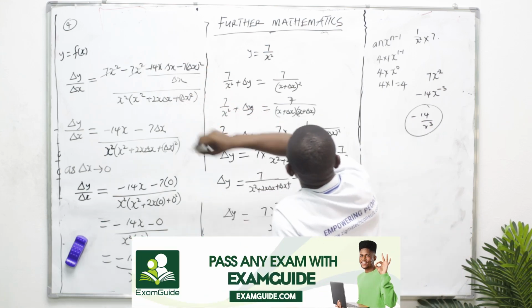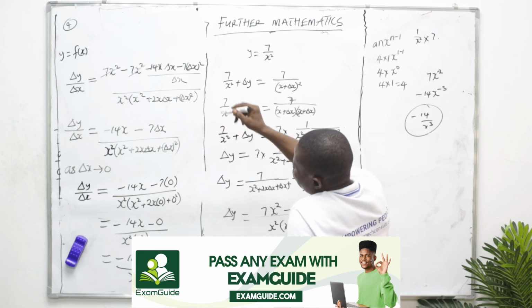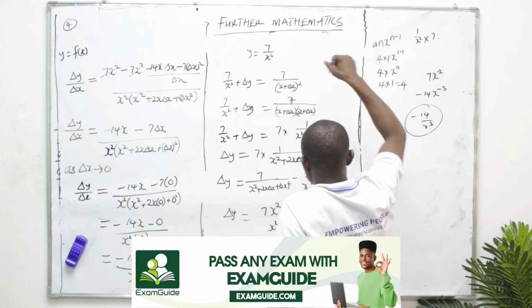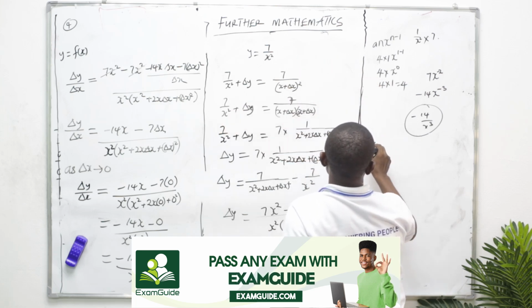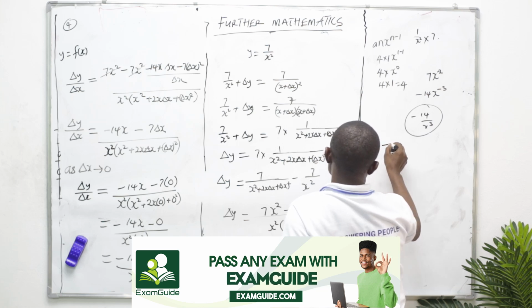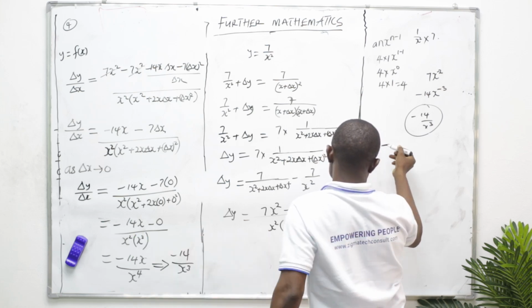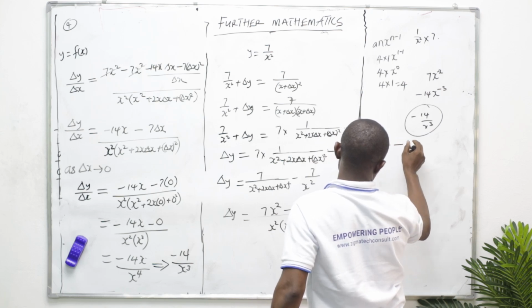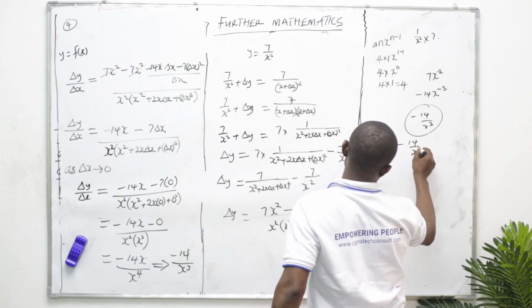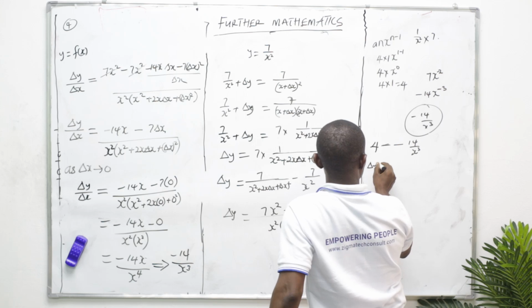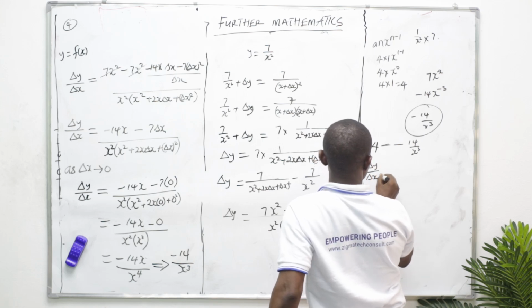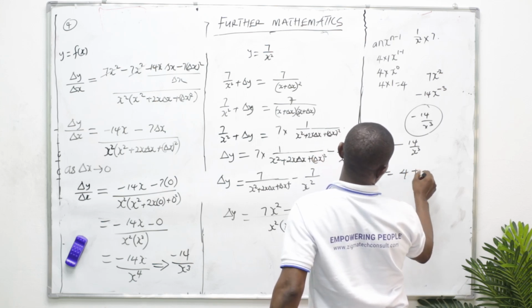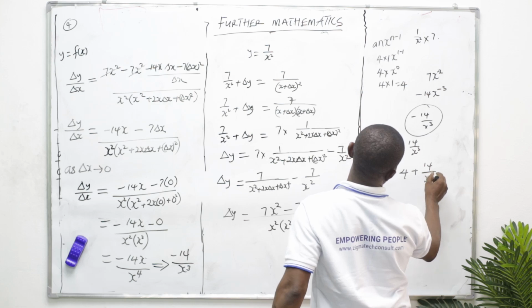So to finalize our solution, the question is what? 4s minus 7 over s squared. First solution was who? 4. Second solution, the operator is minus, while the second solution had minus 14 all over s cubed. Therefore, dy ds equals 4 plus 14 all over s cubed.